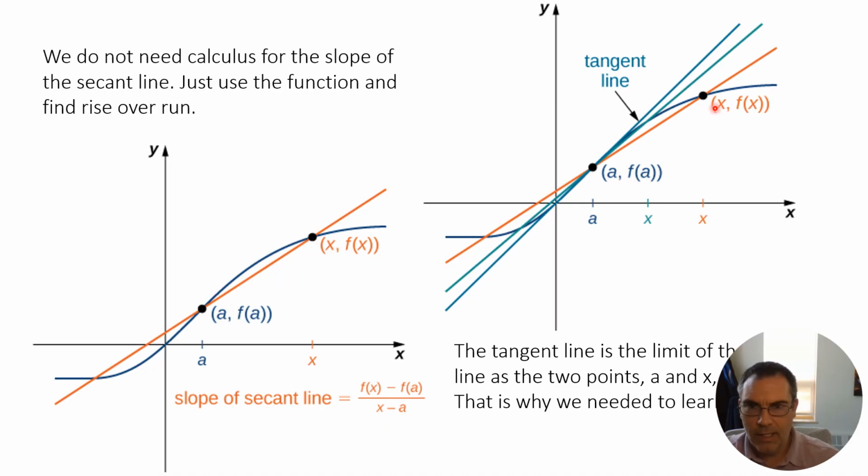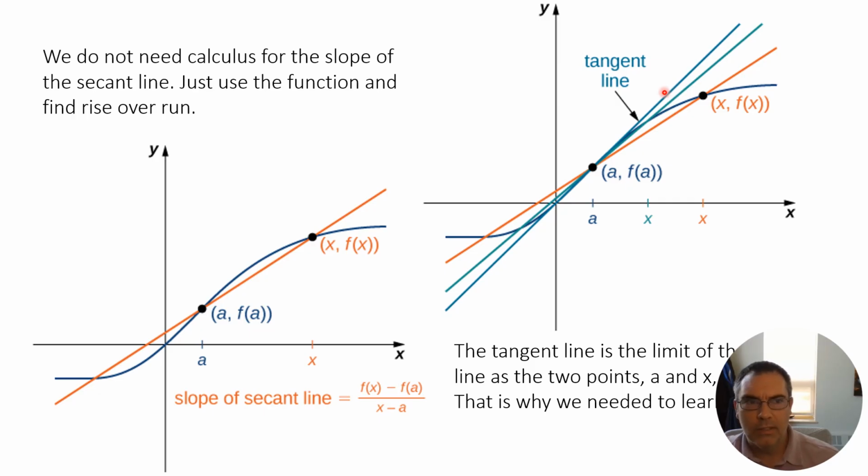Now the tangent line is something different. It's what happens when you're calculating the secant line but taking those points and making them infinitesimally close to one another. So if you take the secant line and you move this point closer and closer to this point A, you are making the secant line closer and closer to the tangent line.